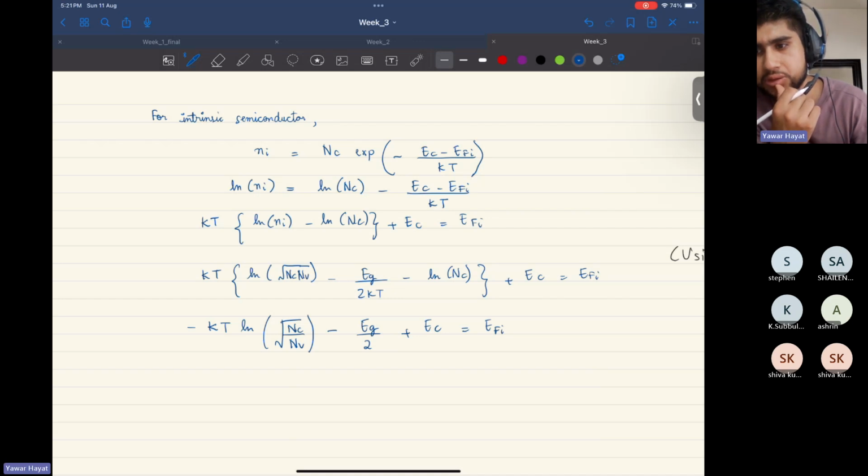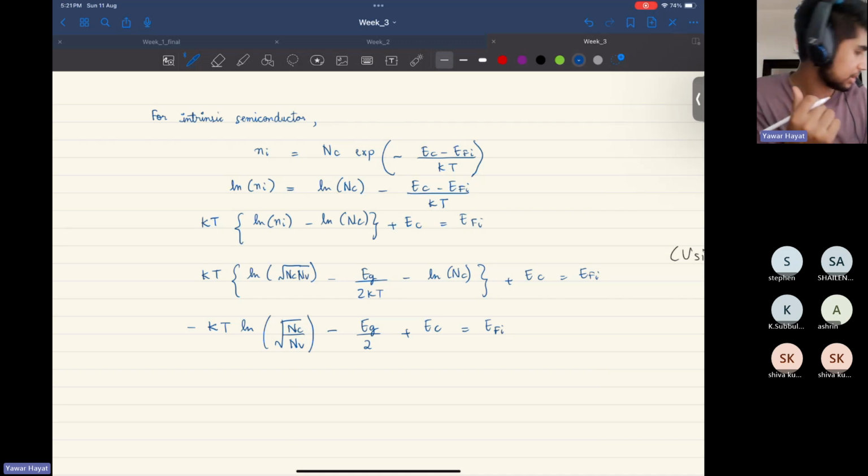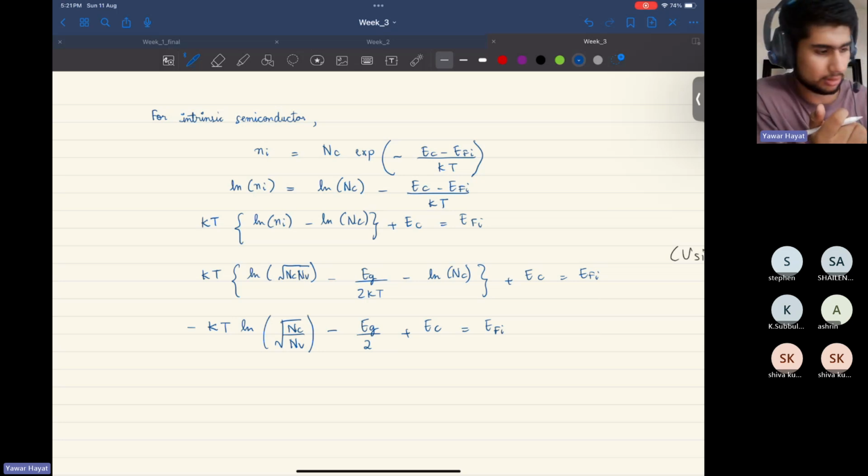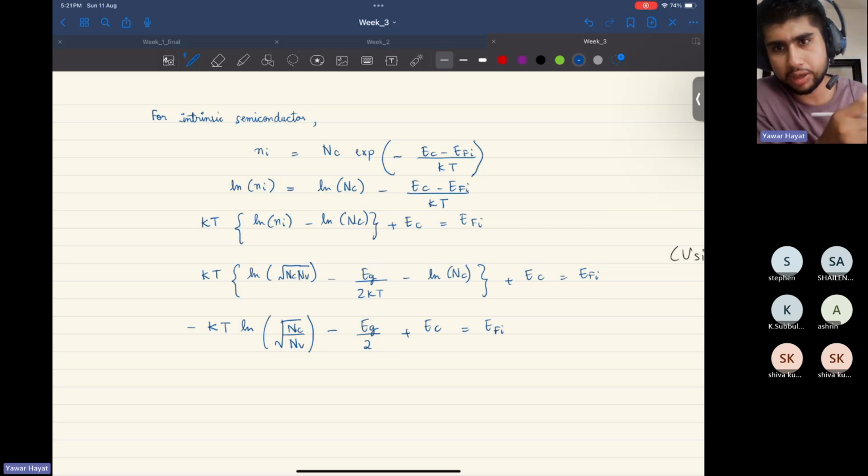So can we use Ei is equal to Ev plus Ec by 2 plus 3 by 4 kT ln of that expression? Well, you can, but the point is to finally impose a condition using effective masses, hole effective mass and electron effective mass.